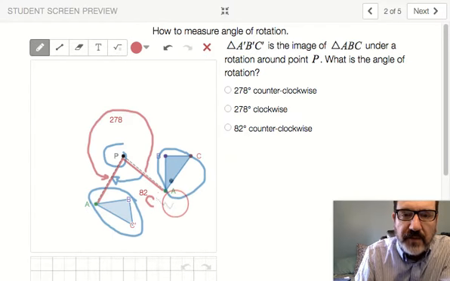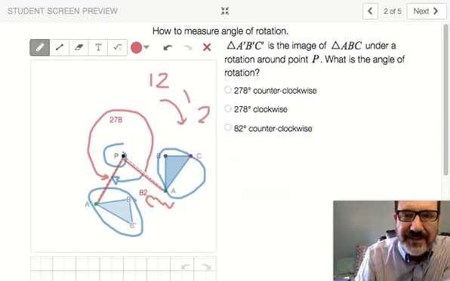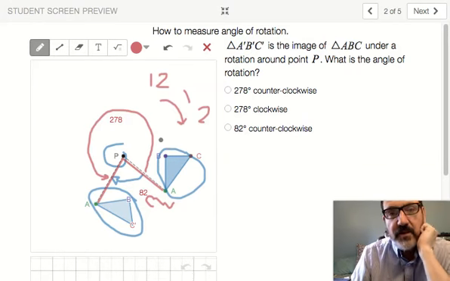If I think about the direction of a clock, it goes from 12 to 1 to 2. Clockwise is that way. If you look at that blue arrow, that's exactly the direction it's going. It's 82 degrees clockwise.